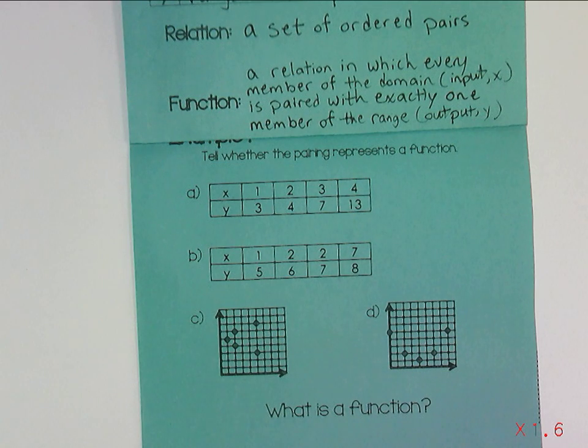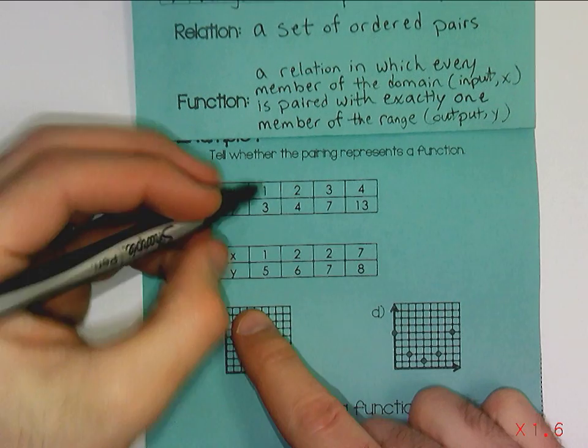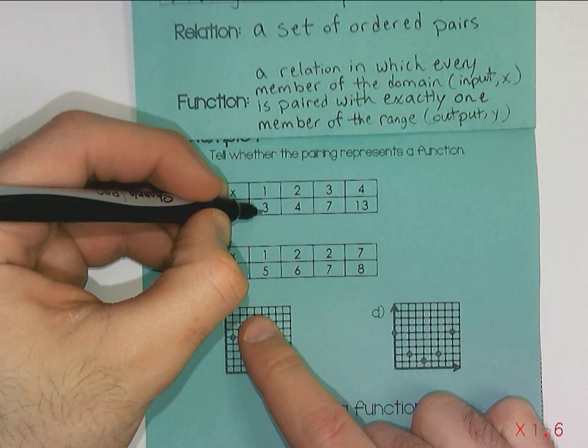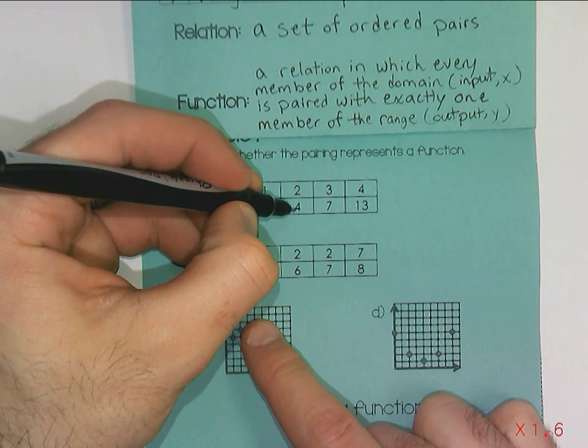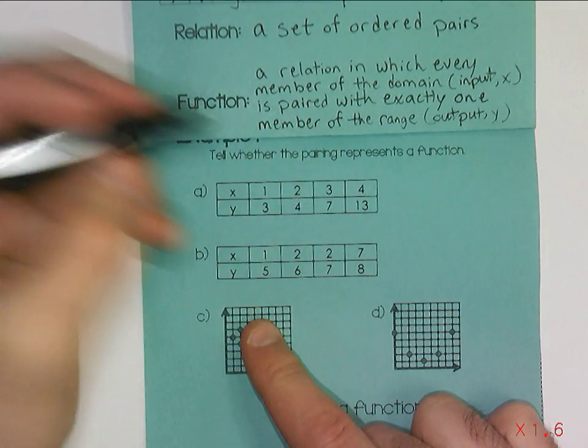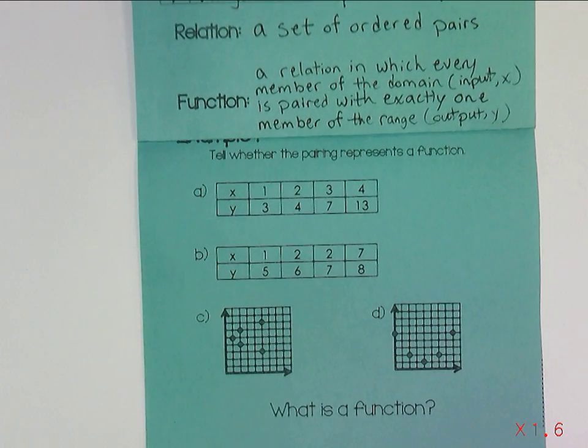So let's look at letter A. Remember, we're seeing if each input, or x value, or each number in the domain is paired with exactly one member of the range, which are your y values. So if we look here, 1 goes with 3, 2 goes with 4, 3 goes with 7, 4 goes with 13. In this case, I would say yes, this is a function because each x value is paired with exactly one y value.